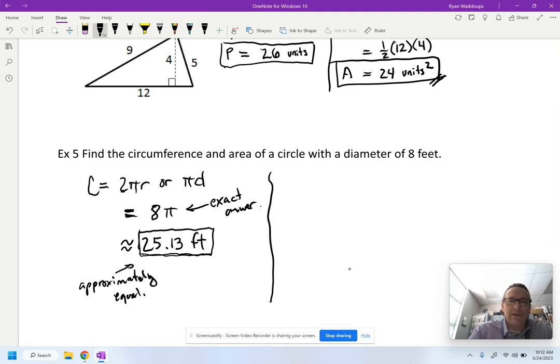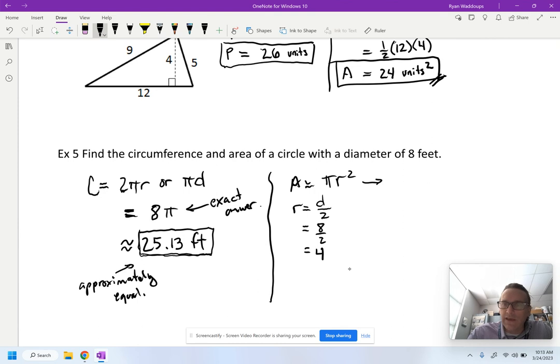All right, so there's our circumference, and now the area, and the area is equal to pi r squared. So remember that the radius is equal to the diameter divided by 2, and that's 8 divided by 2, or 4. So it's 4 feet in radius.